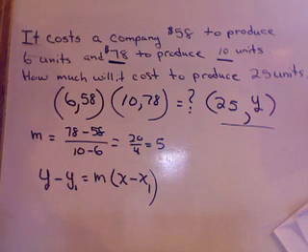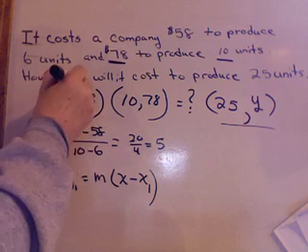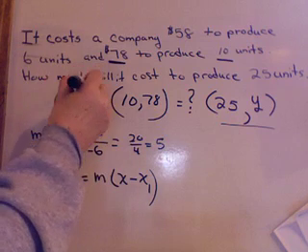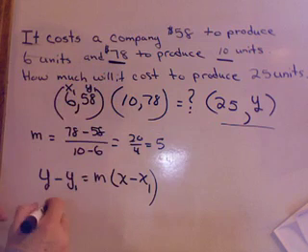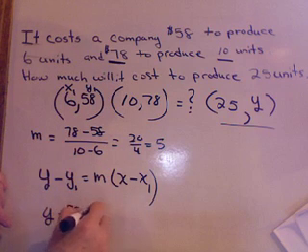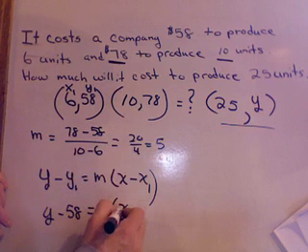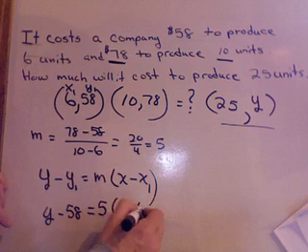So, let's try plugging in these values here. So let's call this x1, y1. So y minus 58 equals m, which I figured out, times x minus 6.